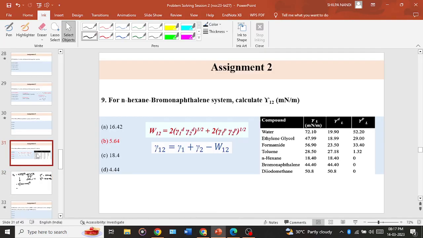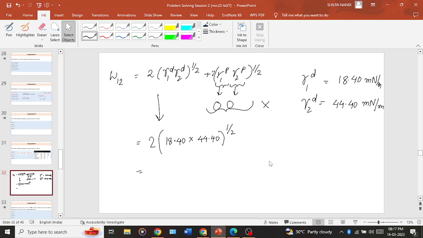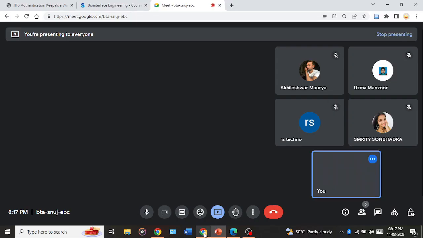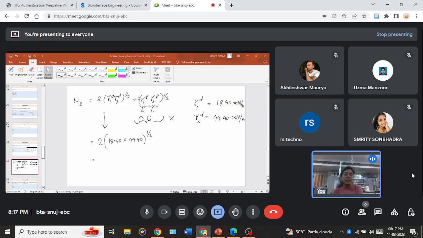So our question was, we have to calculate the gamma 12. So we don't have this W12 component, that's why first we are trying to solve this W12, and then when this value comes, we'll put it into this equation, as we already know the gamma 1 and the gamma 2 from this table. So this table you may find in the book and various other tables also, where you can see the surface tension of some of the compounds.